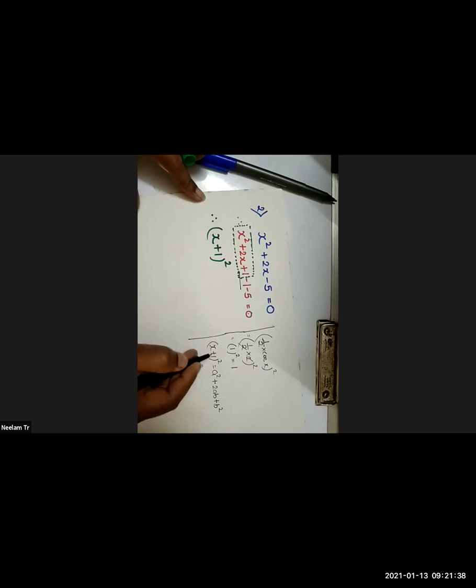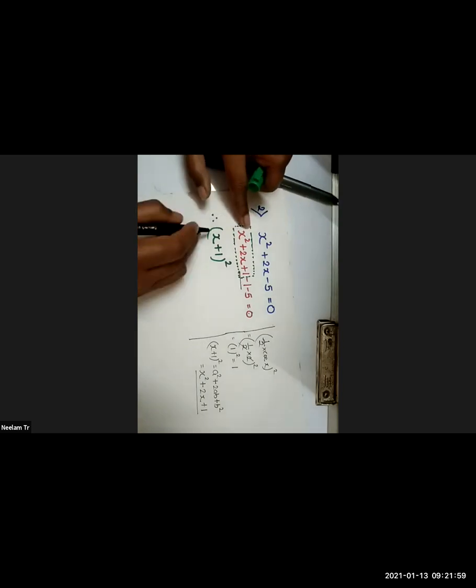Means x square plus 2 into x into 1 plus 1 the whole square. What you will get? x square plus 2x, 2 into x plus 1 का square 1. x plus 1 the whole square को solve किया. I got this equation. Yes, I got this equation by solving this. I got my complete square.